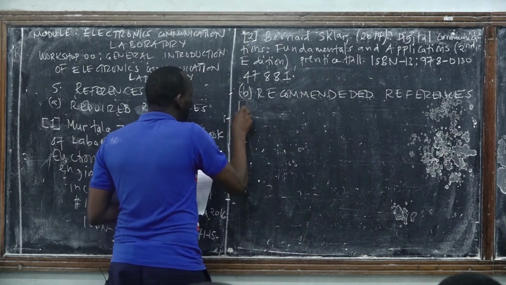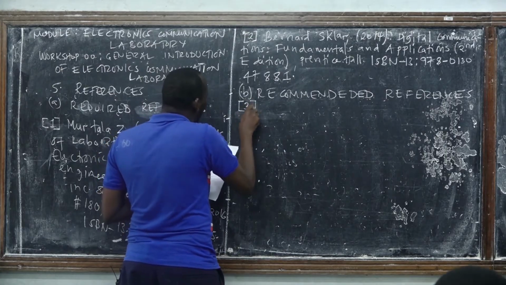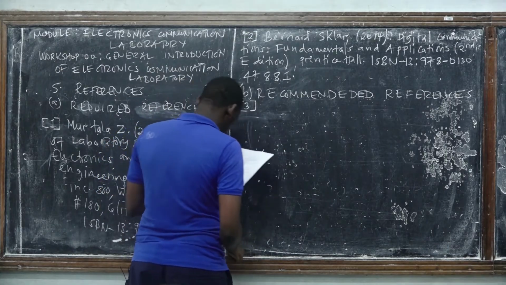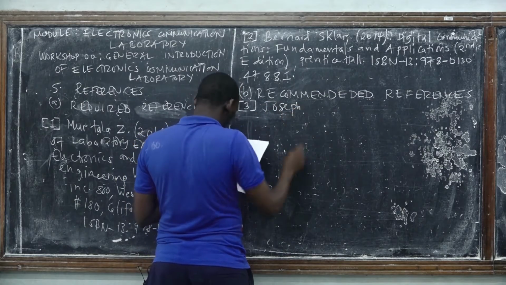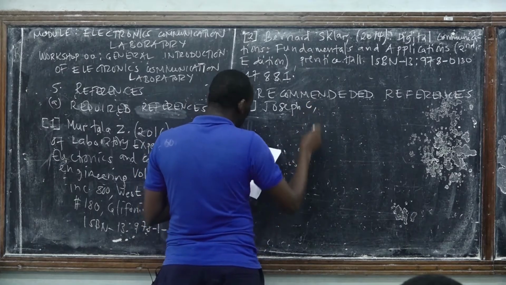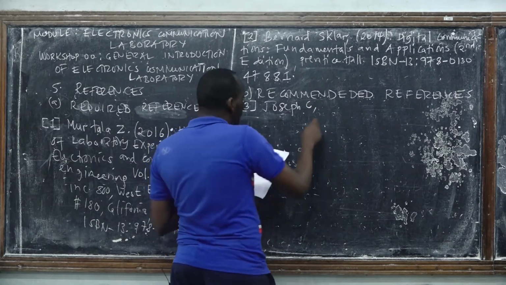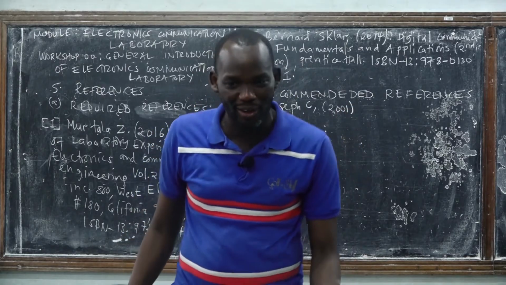The first recommended reference has been written by Joseph, not Joseph Jacob and not Joseph Pasco. It has been published in 2001. Ask your neighbor, where were you in 2001?